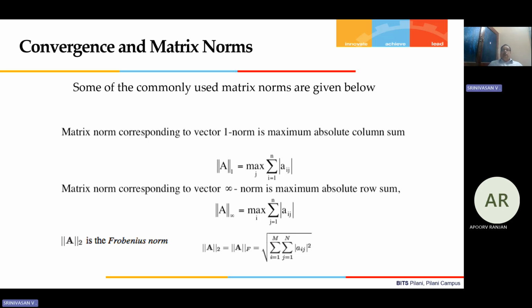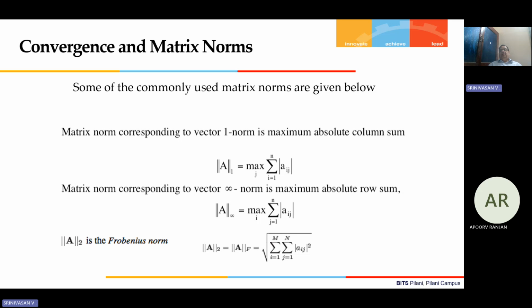Some of the commonly used matrix norms are given below because matrix norm corresponds to the vector norm. Here we are interested in the matrix norm, that is the norm for A, where A is the coefficient matrix, which plays the significant role. Matrix norm corresponding to vector 1 norm is maximum absolute column sum.